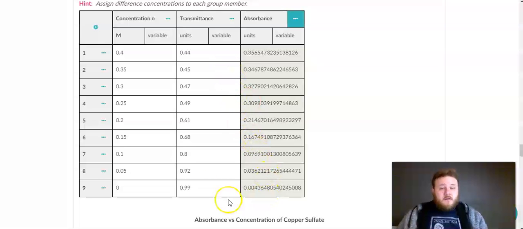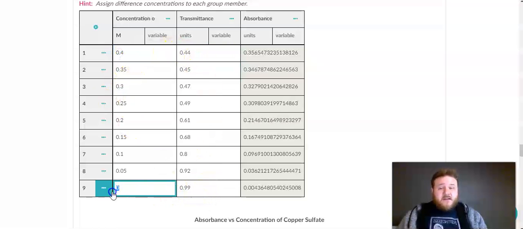So let's look at a few things in these columns, since I put them in order from highest concentration to lowest concentration. One thing you'll notice is that the transmittance starts off low, and then it gets higher and higher. That makes sense, right? Higher concentrations mean not as much light is passing through.